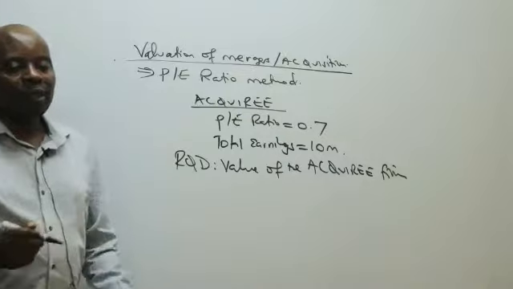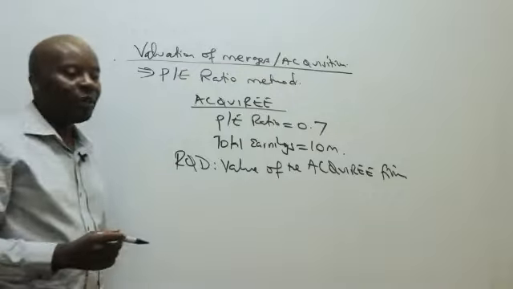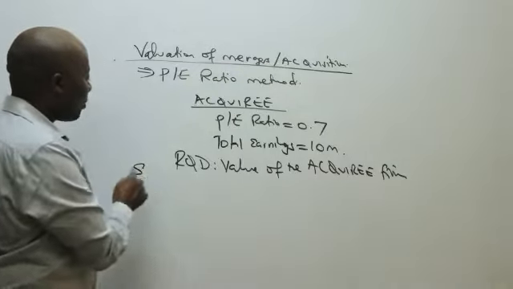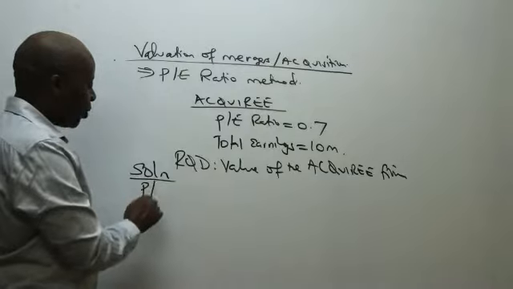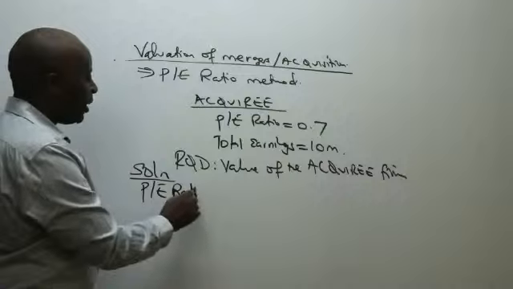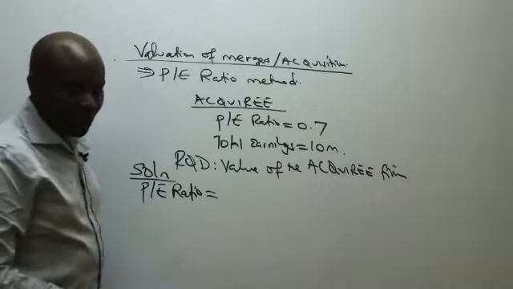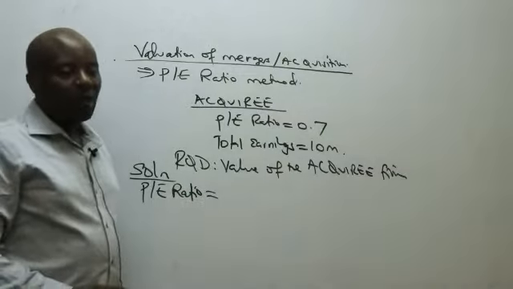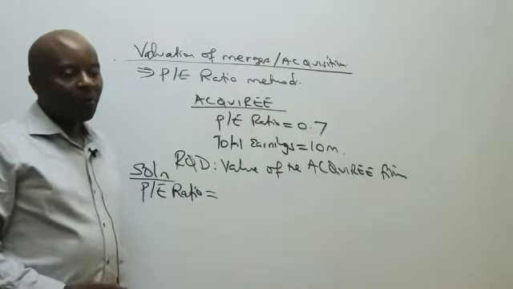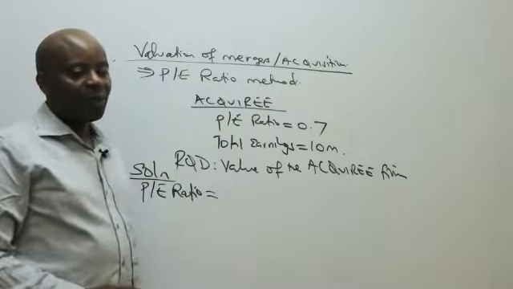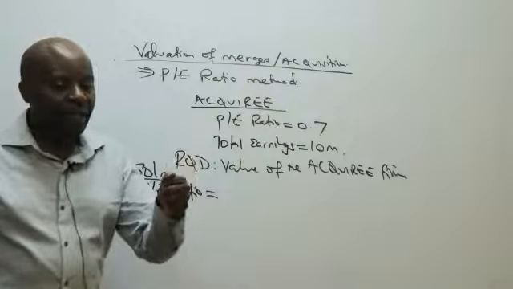Before you talk to me, the most important thing is for us to remember the formula of PE ratio. Our PE ratio equals what over what? Can somebody remind us? PE ratio equals MPS over EPS.